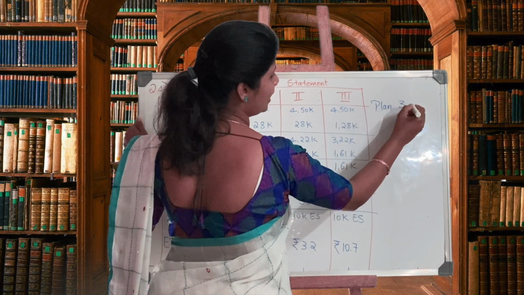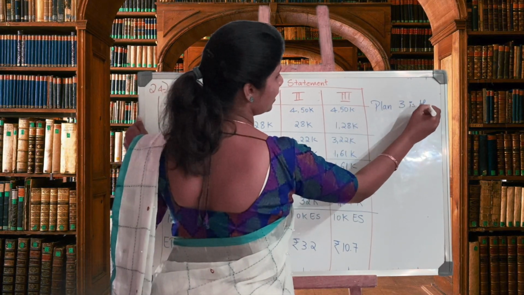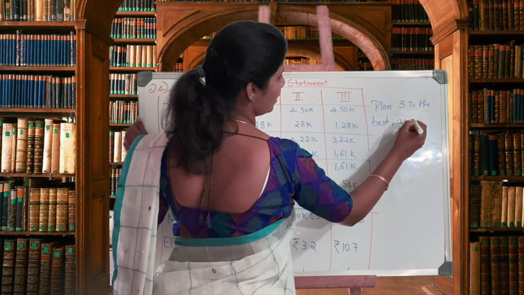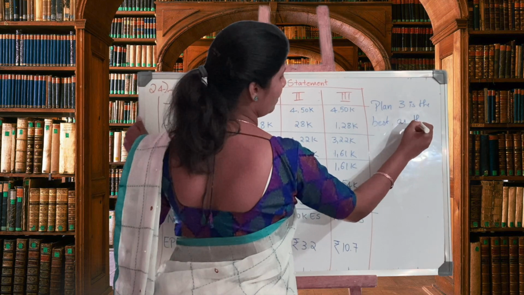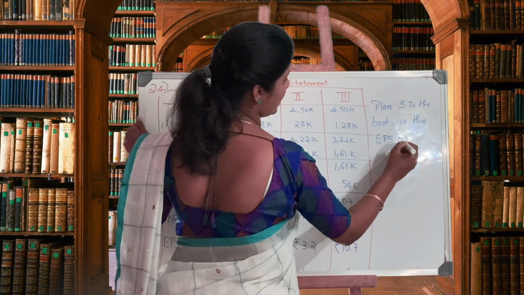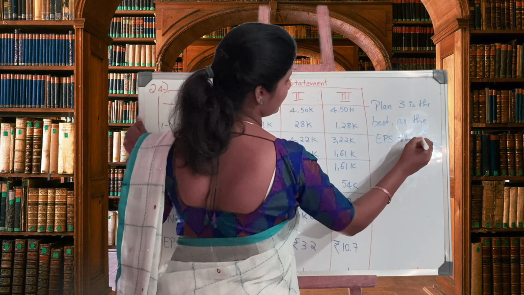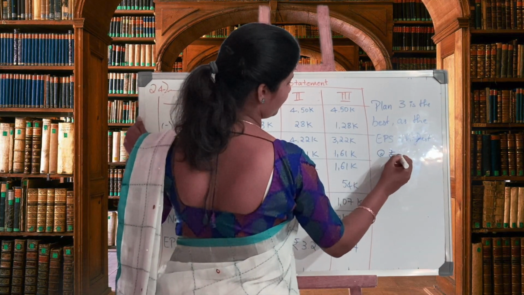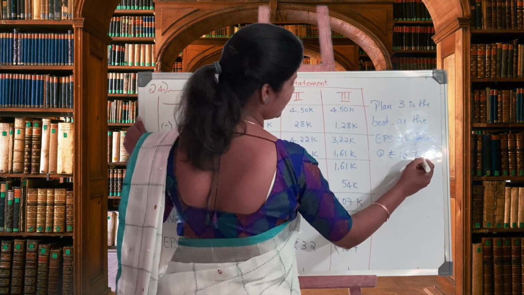Plan 3 is the best as the EPS is highest at rupees 10.7.